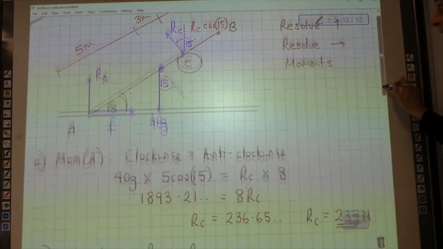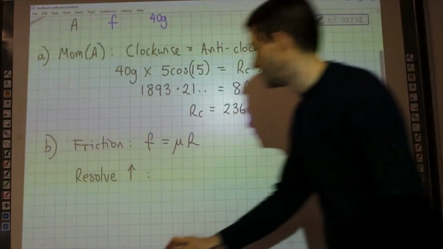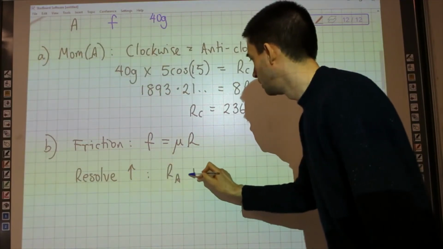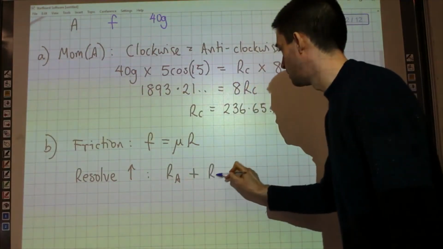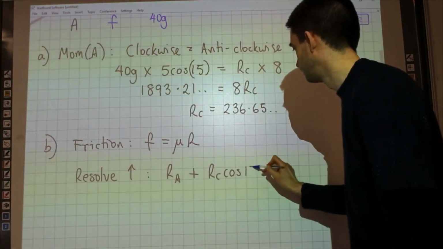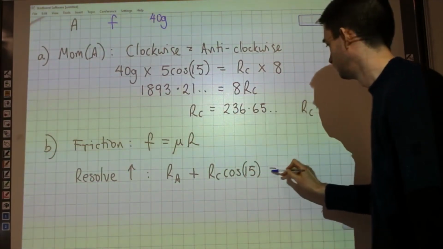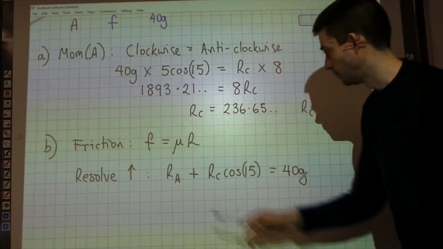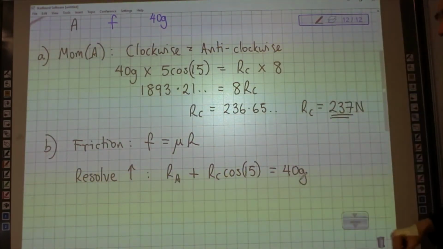So what I actually have when I'm doing my vertical resolution is the reaction at A plus RC cos 15 equals 40G. So all forces up equals all forces down.